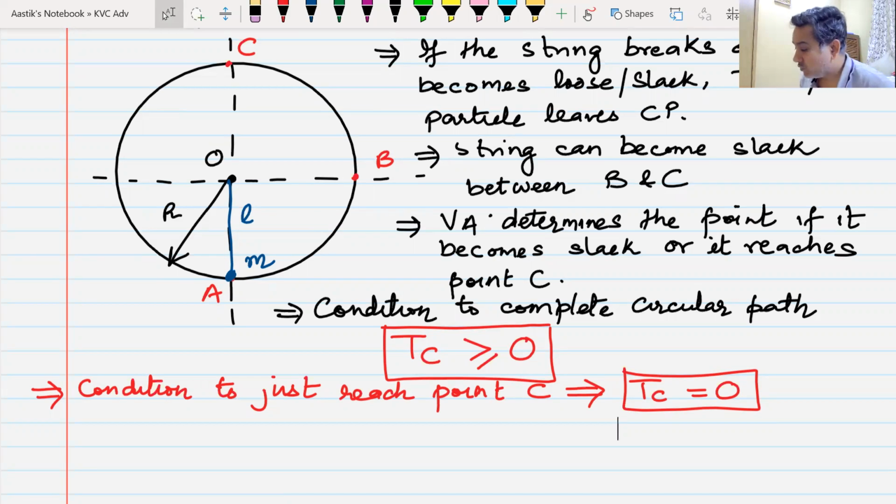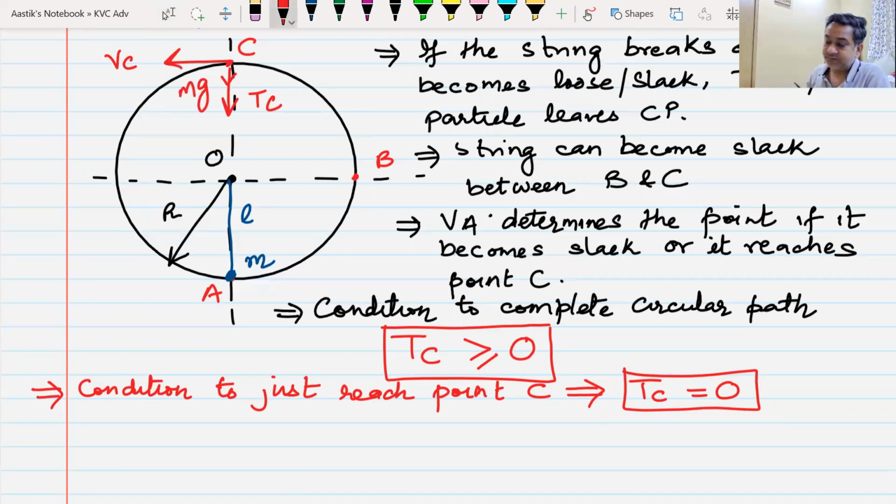Now you go back to the equation of point C, TC, mg, and this was VC. Yes or no?